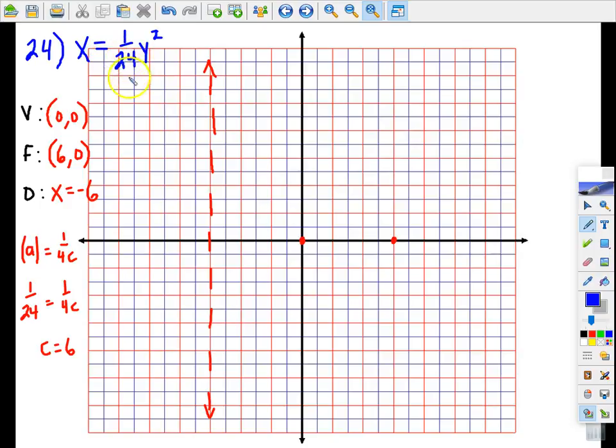But just think about half of 24. And if you go to your focus and do 12 above, so half of 24, 12 above, and 12 below, that's an easy way to get a couple of points.